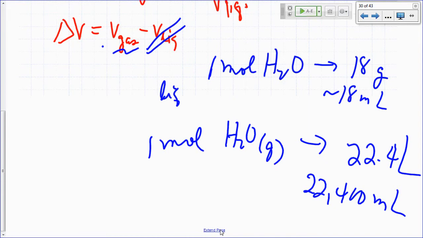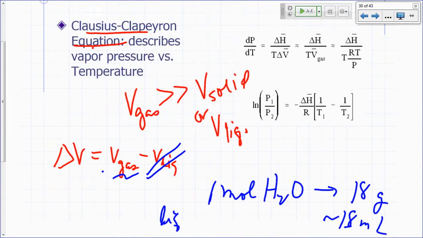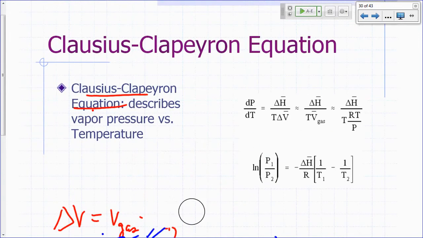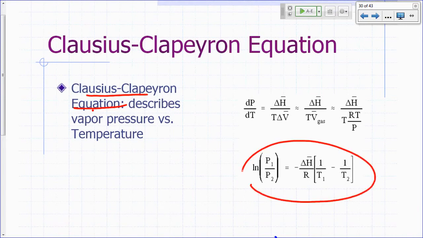Much bigger, right? In fact, if you only have 3 sig figs, 18 is not going to matter. It's like a drop in a bucket. So your volume changes a lot when you turn your liquid or solid into a gas. And so that equation that we had earlier can be simplified into this form right here.